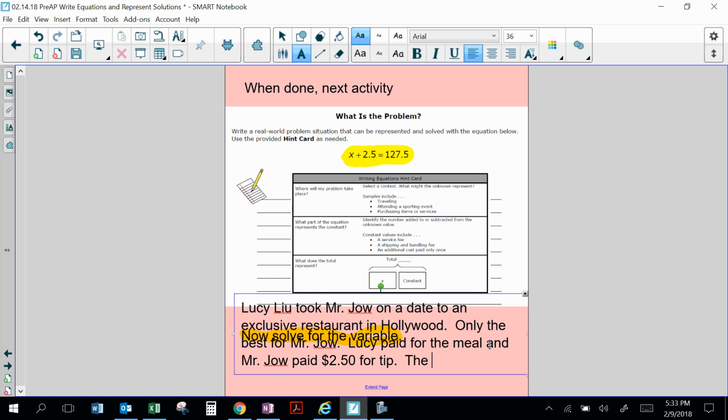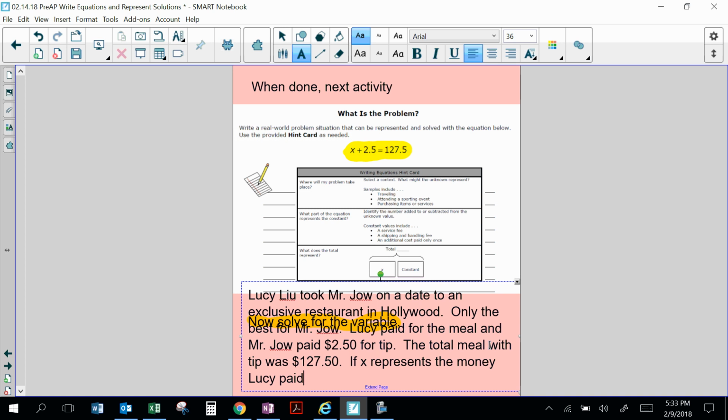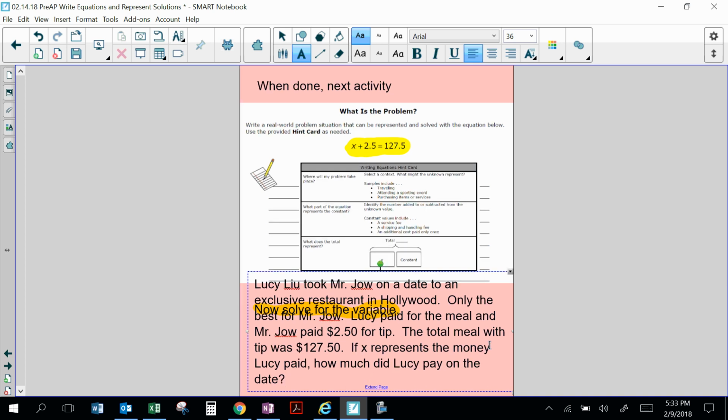The total meal with tip was $127.50. If X represents the money Lucy paid, how much did Lucy pay on the date? Oh, that's a good one.